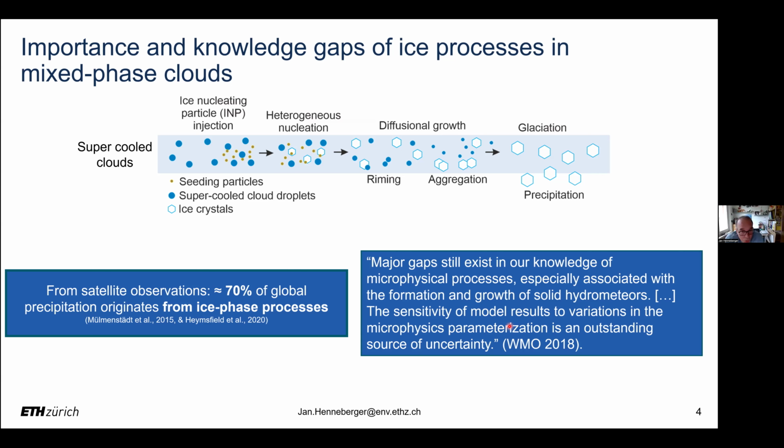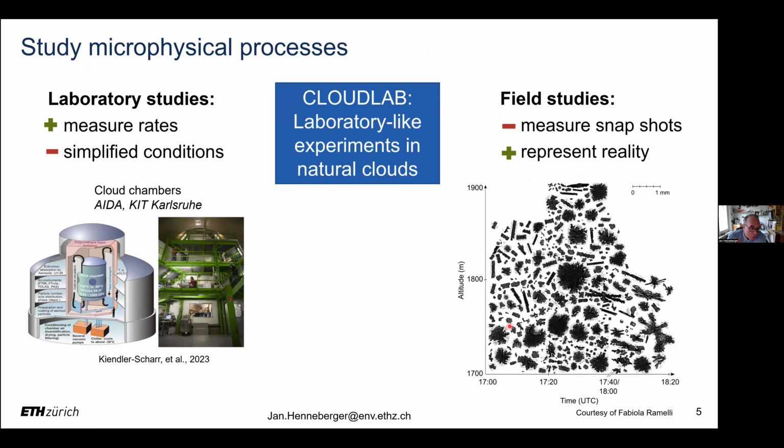So classically, how do we study these microphysical processes? So yeah, you can go into the lab to measure growth rate, either on a single ice particle or using a chamber like the AIDA cloud chamber. They have many particles, and you can have a very controlled and repeatable environment, which lets you measure rates, but you always have simplified conditions.